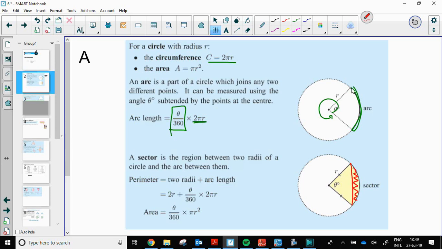And those do show up in IB questions often. What's the relationship? Well, the segment plus the triangle here gives us the entire sector. And again, we see that we can calculate the area of the sector by taking the area of the entire circle and then simply multiplying by whatever proportion of the circle our sector is.